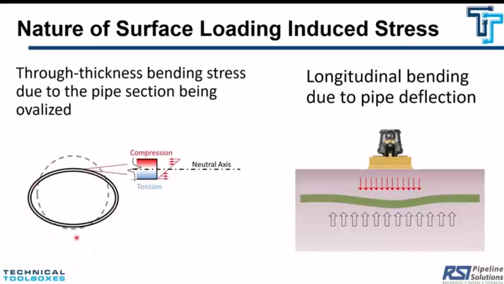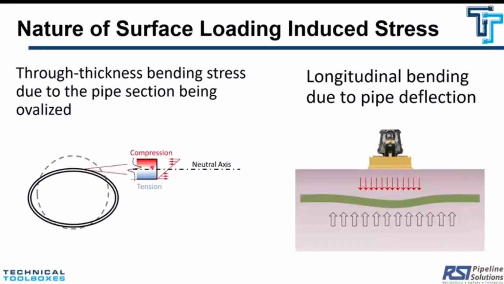But it shows basically the type of deformation and the mode of deformation. The stress that gets created in the pipe because of this type of action is through thickness bending. It's basically a local bending in the circumferential direction, right? And then over here, it shows that through the thickness, that stress changes from compression on one side to tension on the other side.